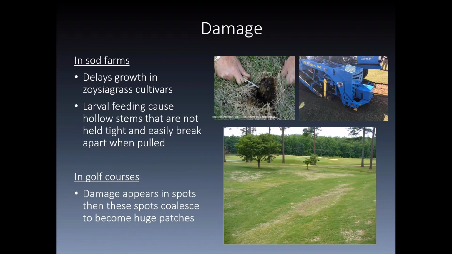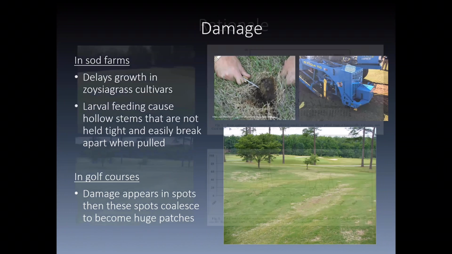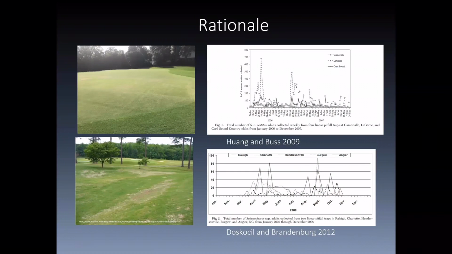Most probably not where you pull, but if you sample on adjacent green areas, you should be seeing a high population of the larval stage of the billbugs. That can be applied to whatever turfgrass system you're working on.